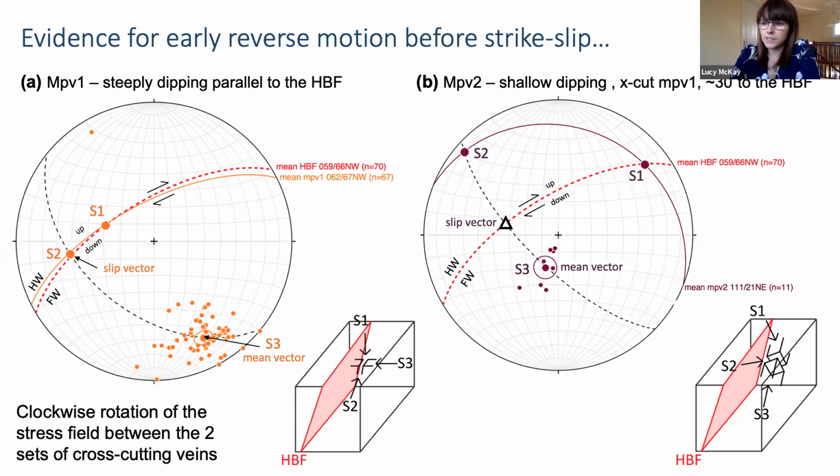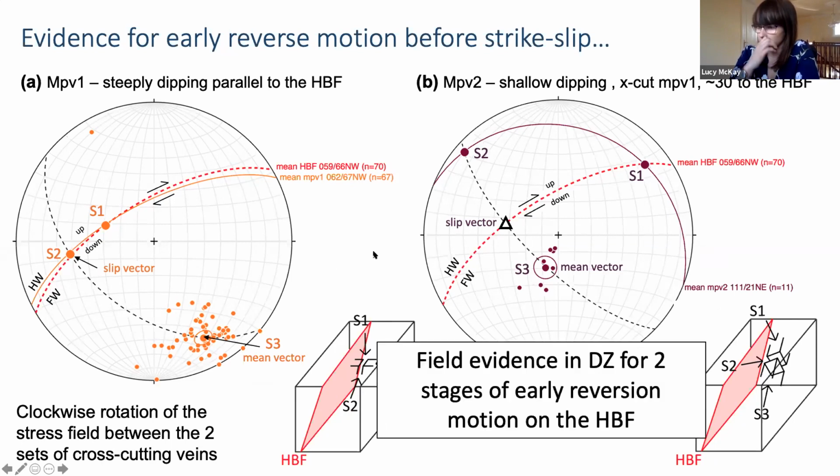The data shows that these veins provide evidence of early dextral reverse motion on the Highland Boundary Fault. That's the main thing you need to take from those slides. Actually, there are two phases of early dextral reverse motion that the ophiolite units show us.